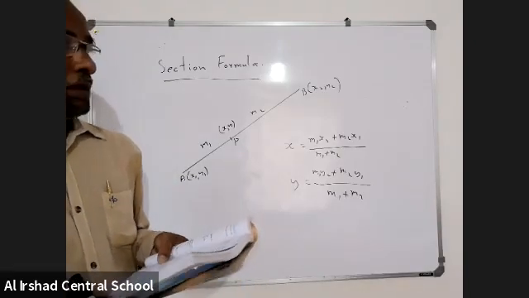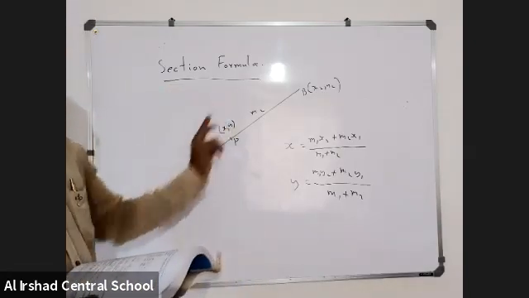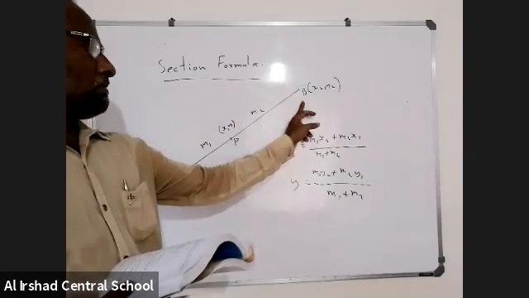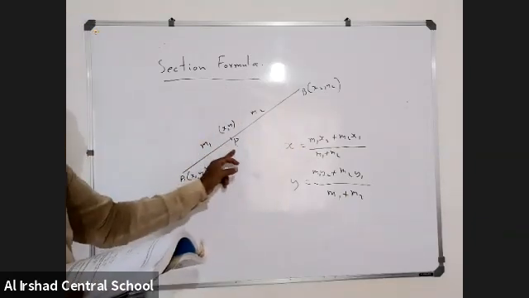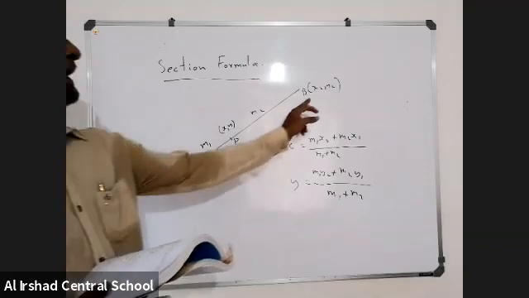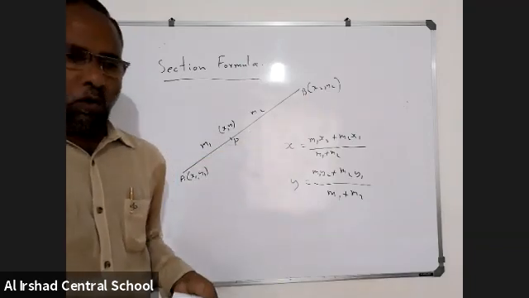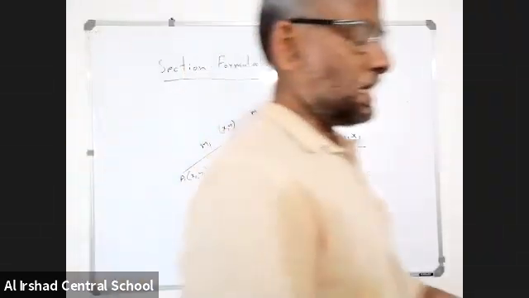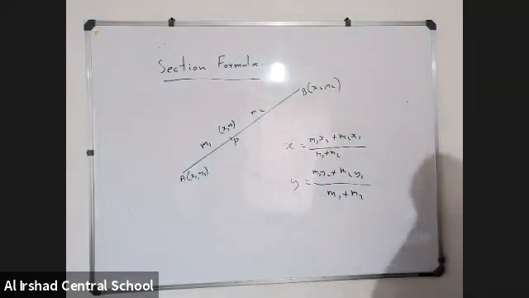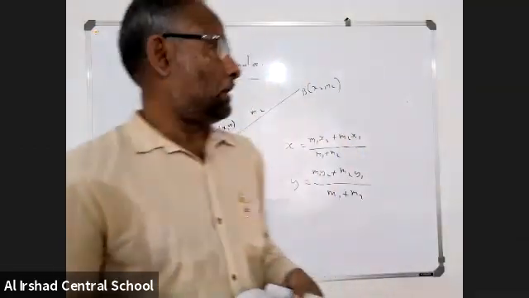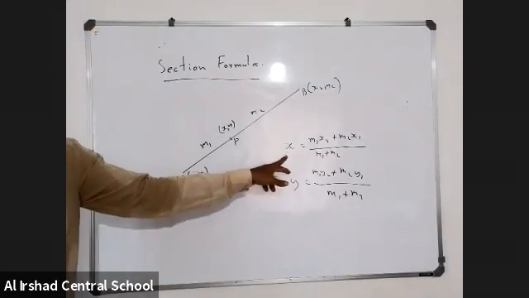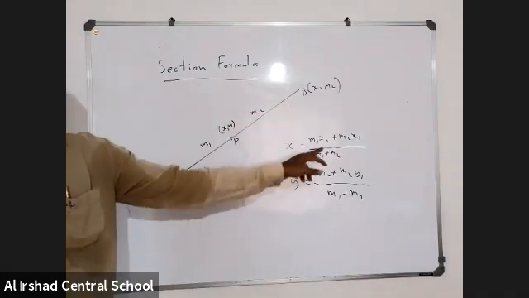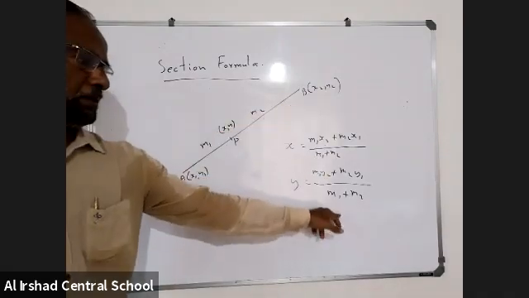Okay. All of you write the section formula and draw this line A, B, (x, y), (x1, y1), (x2, y2). All the explanation you can read, exactly the same thing, in the textbook. Now remember the formula. The coordinate of the point is M1 x1, write this one, and M1 plus M2.